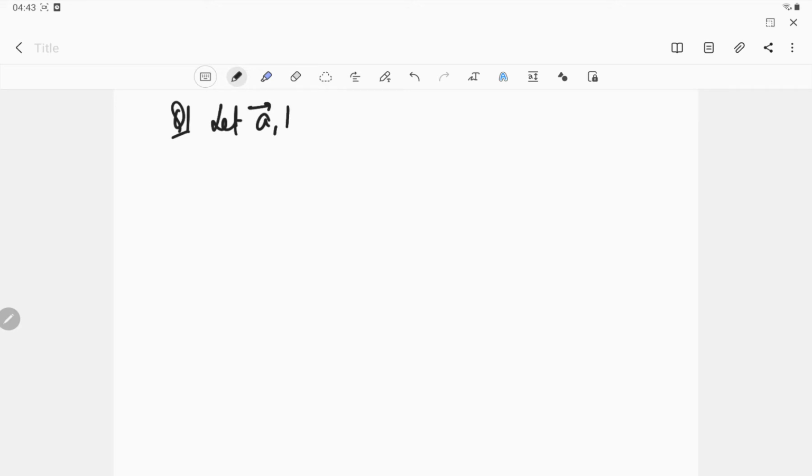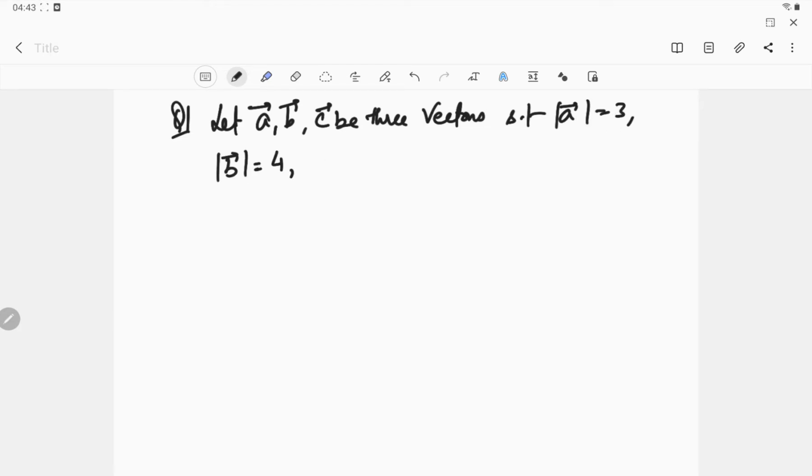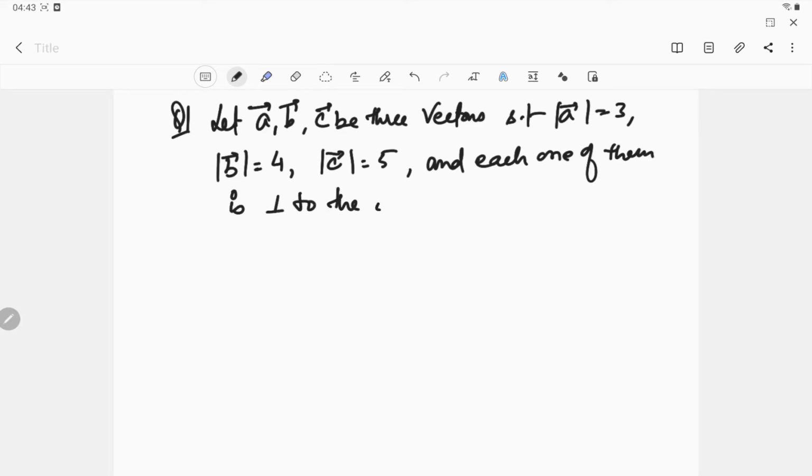Let A vector, B vector and C vector be three vectors such that magnitude of A vector is equal to 3, magnitude of B vector is equal to 4, magnitude of C vector is equal to 5, and it is given that each one of them is perpendicular to the sum of the other two.